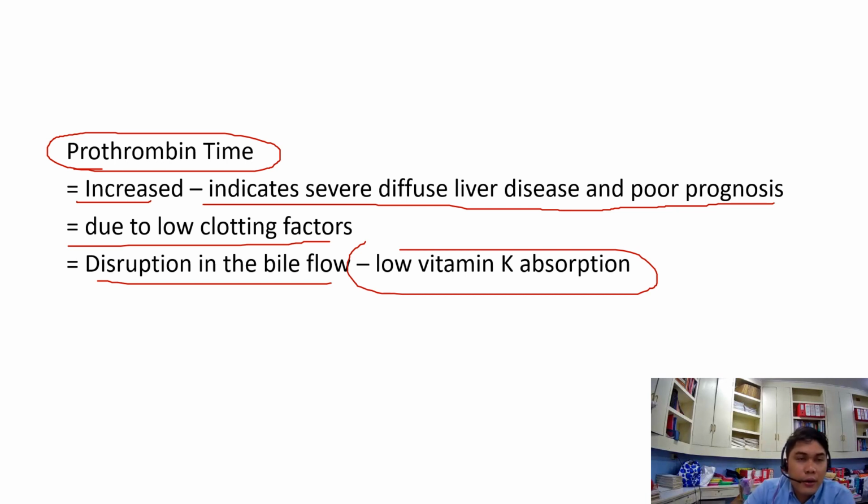Prothrombin time is a part of your coagulation studies, and in clinical chemistry, there are two causes of increased prothrombin time. First, you have liver disease or hepatocyte injury.